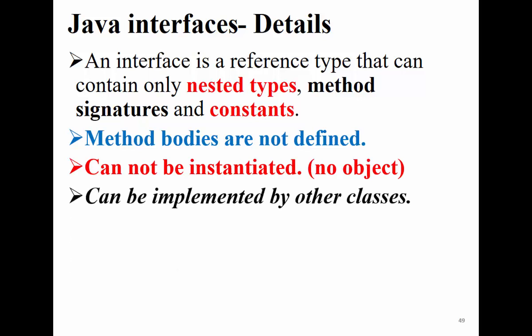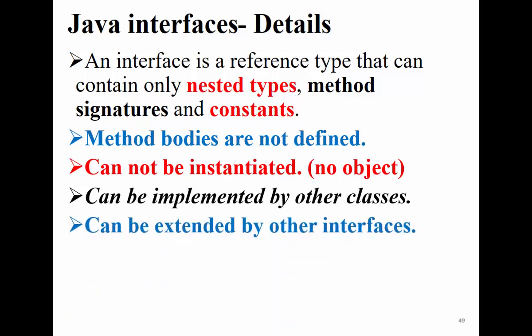It can be implemented by other classes, and that is the beauty of it. You have the interfaces defined. You can ask other people to implement your interface. It can be extended by another interface, which is not actually part of this course. Inheritance is about inheritance. You can create an interface and you extend it from parent to child interface and so on.